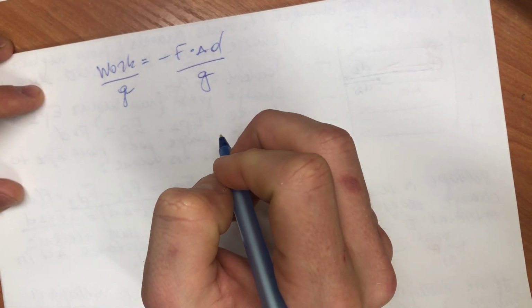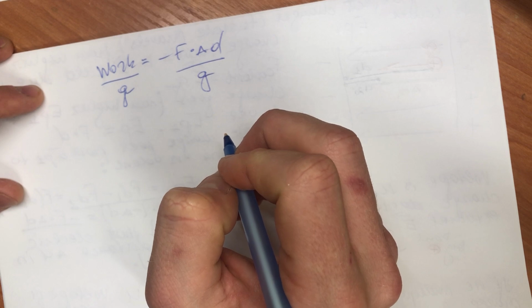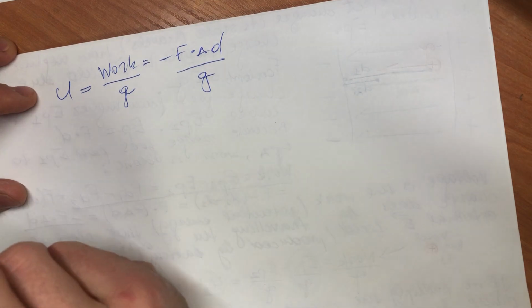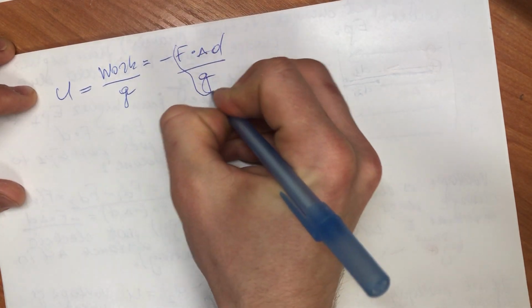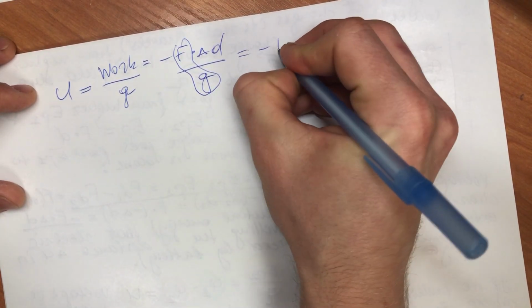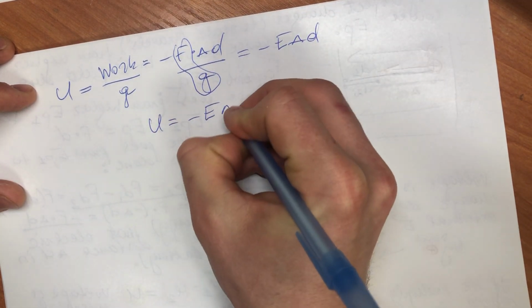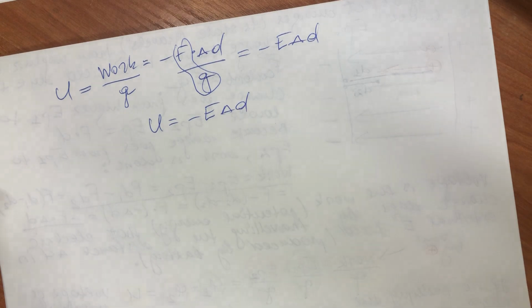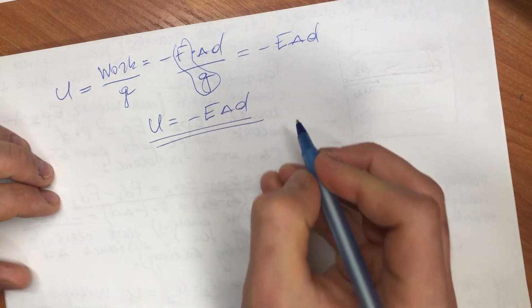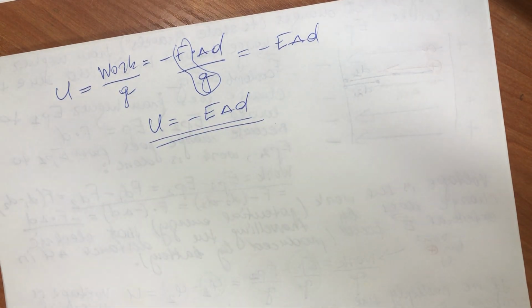What do we get? Work divided by Q is U, it is voltage. What is this thing? This is E, so minus E times delta D. So it means that voltage is minus E times delta D. So this is how it can be calculated from the electric field.